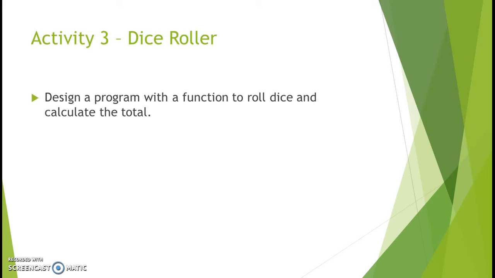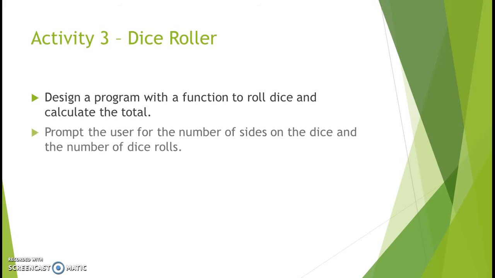So I'd like you to use the function command, going back to look at our dice rolling problem for a second. But I'd like you to design a program that has a function that rolls dice and calculates the total, but prompt the user for the number of sides on the dice. So is it a 7-sided die, or are they 20-sided dice?